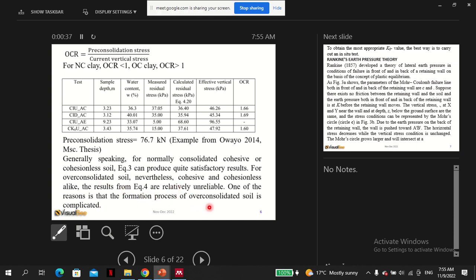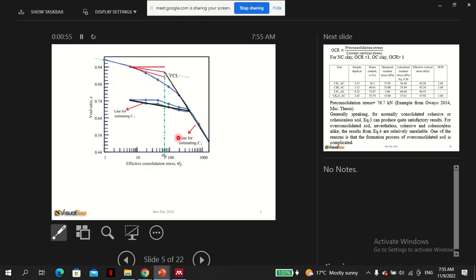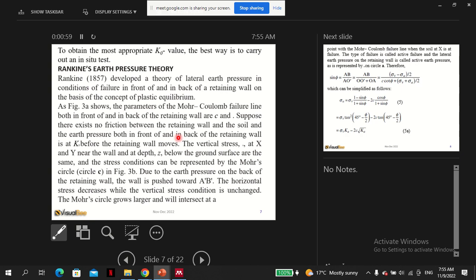One of the reasons is that the formation process of over-consolidated soil is complicated. So this equation for normally consolidated soils, both cohesive and non-cohesive, is reliable, but this equation is not reliable. The reason is that the process is complicated.